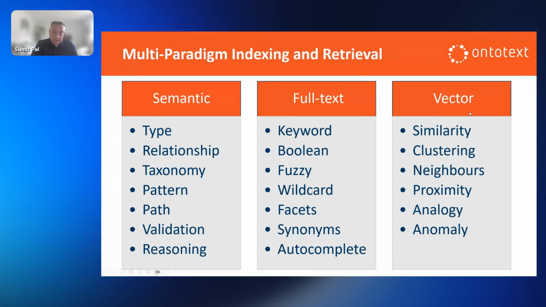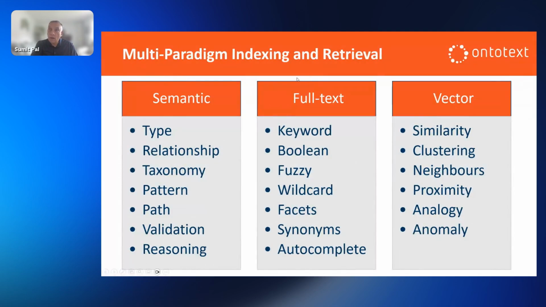There are vectorized methods, where we take different words, sentences or paragraphs, vectorize them, and do similarity-based, proximity-based or nearest neighbor-based retrieval. And then there is the semantic-based approach of retrieval.